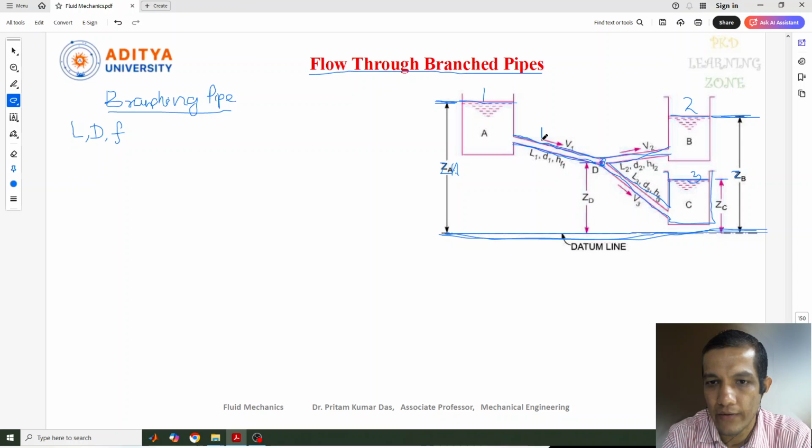Suppose this is the first pipe, this is the second pipe, and this is the third pipe. All these three pipes are connected, and D is the junction point. For all these pipes, the length, diameter, and friction factor should be given.